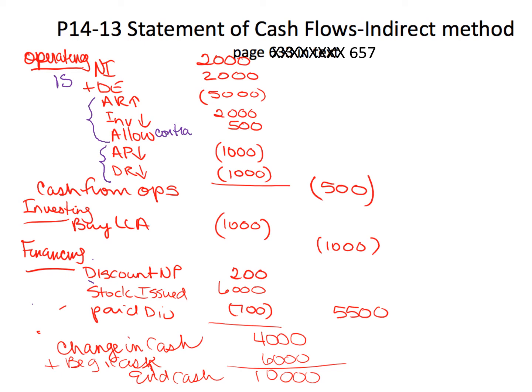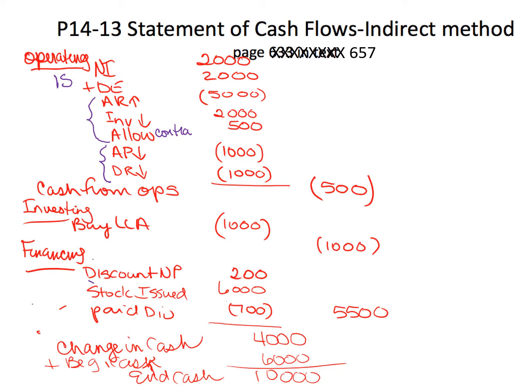So we find our cash from operations is 500. We bought that long-lived asset of 1,000, so that's our investing. Financing, the discount on note payable, because it's a contra long-term liability, it acts contrary. In other words, it acts like an asset. So if the discount goes down, then we add it back.